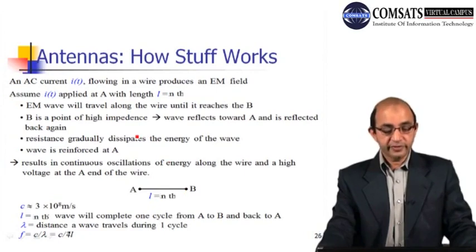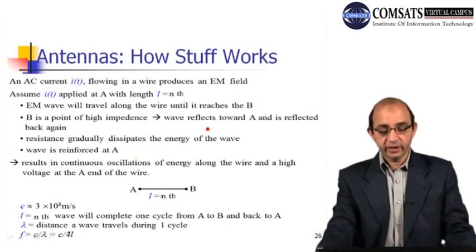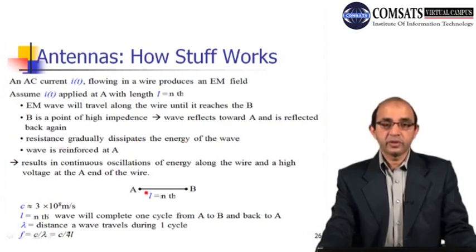You can see that the high impedance reflects the waves back, because normally waves get reflected when they come across high impedance, towards A, and it is reflected back again. Resistance gradually dissipates the energy. As we know, all conductors offer resistance, so as a result of this resistance, the conductor will dissipate the energy of the wave.